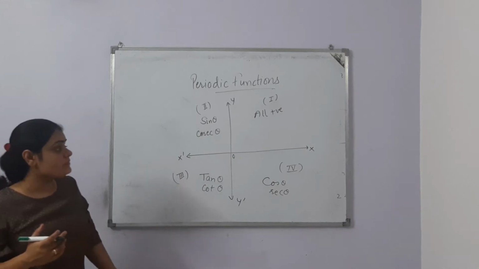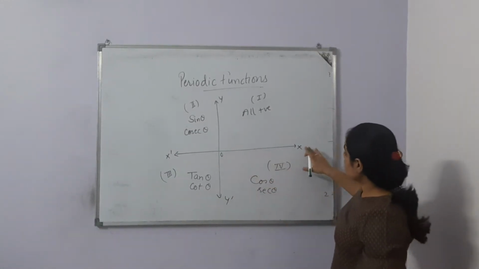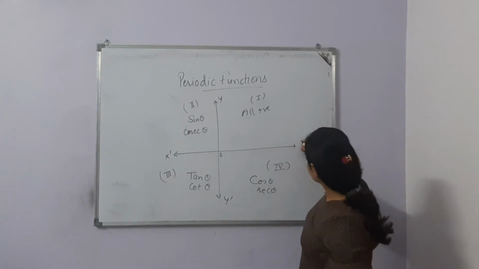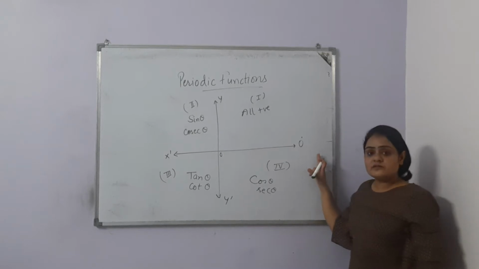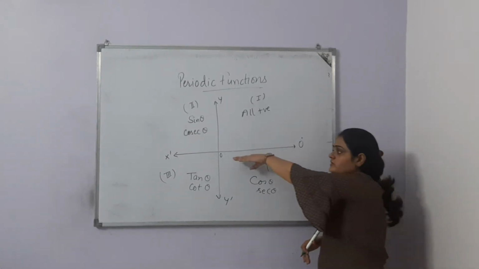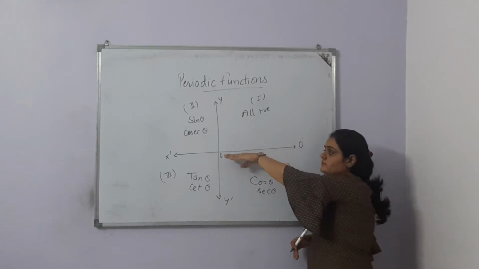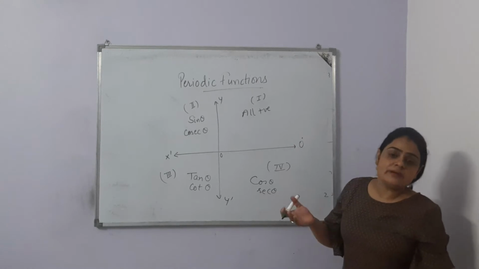Now here, this line is your 0 degree angle, because an angle is always made with the x-axis, the positive x-axis. Of course, if the line coincides with the x-axis, the angle will become 0 degree.